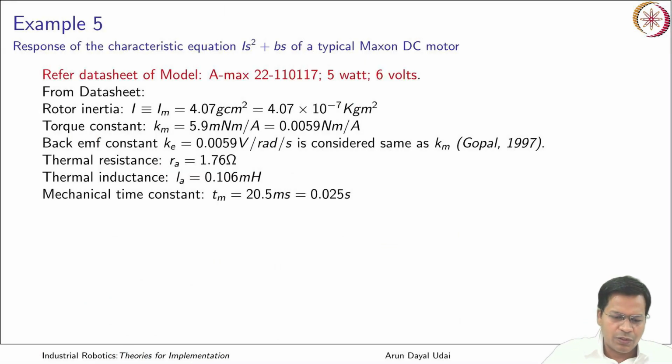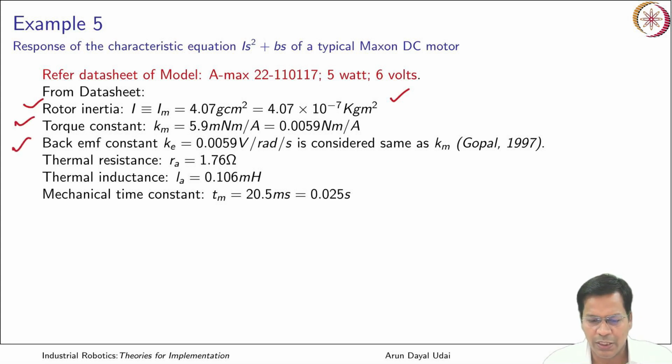Okay, so this is it. I have just copied all the values, converted to appropriate units. Torque constant, back EMF constant, all these parameters were there. This is considered based on the torque constant given in Gopal's book, that is the controls book.